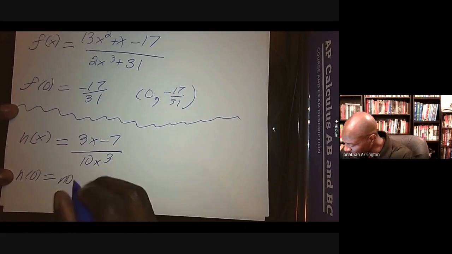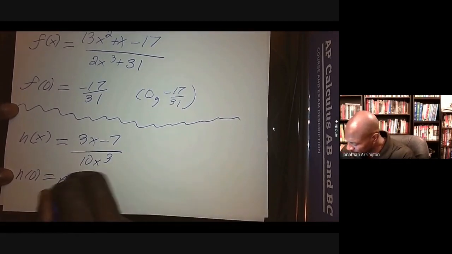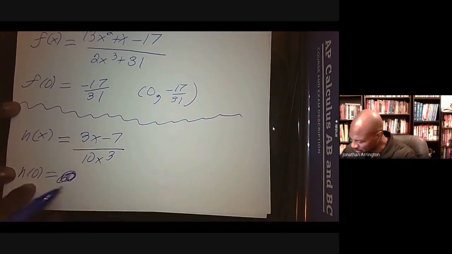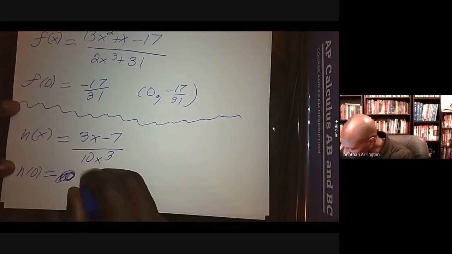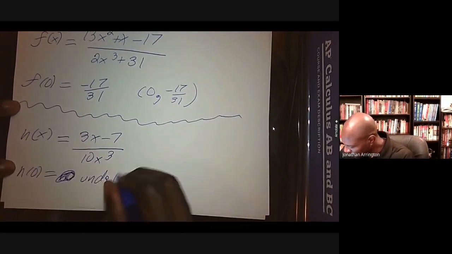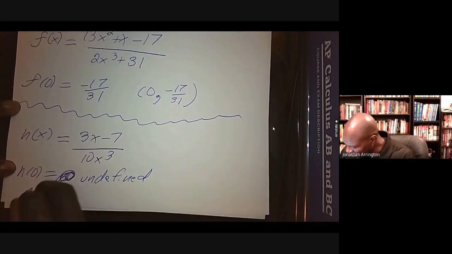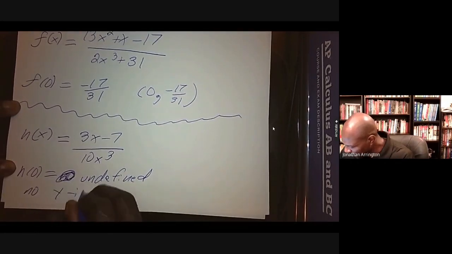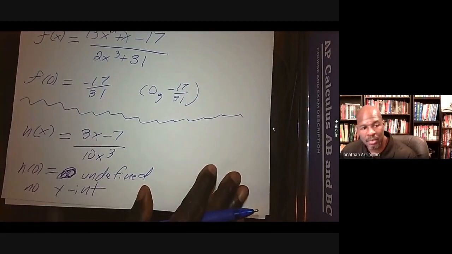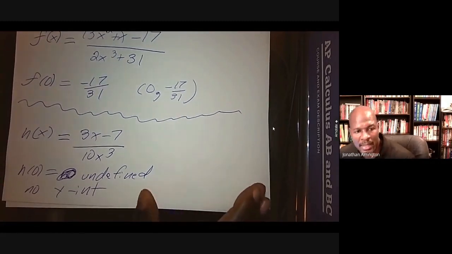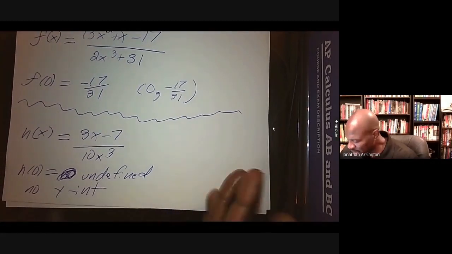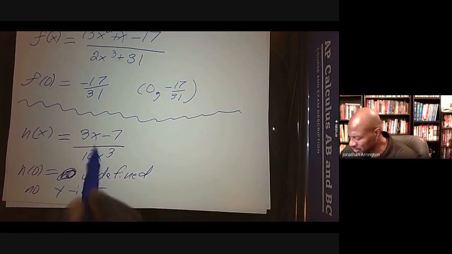I got no y-intercept. For this particular function, h of 0 is undefined. And if h of 0 is undefined, then there's no y-intercept. So not all functions cross the y-axis, of course. If you have some type of graphing utensil, you can graph this function if you want.